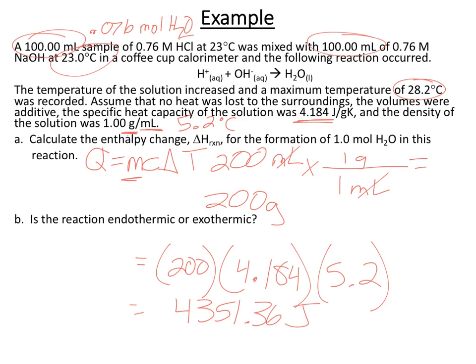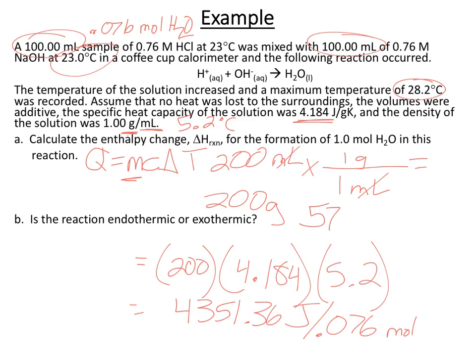So this is how many joules we make for every 0.076 moles of water. But we want to make a whole mole of water. So if we divide by 0.076, that tells us how many joules for a whole mole.